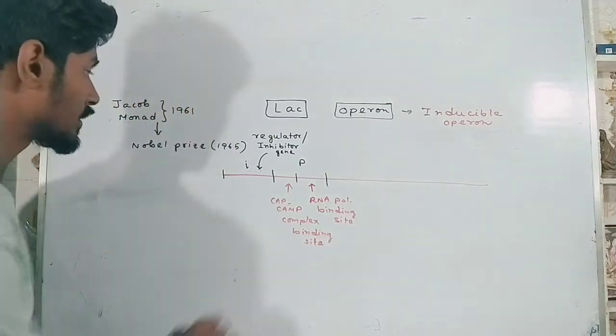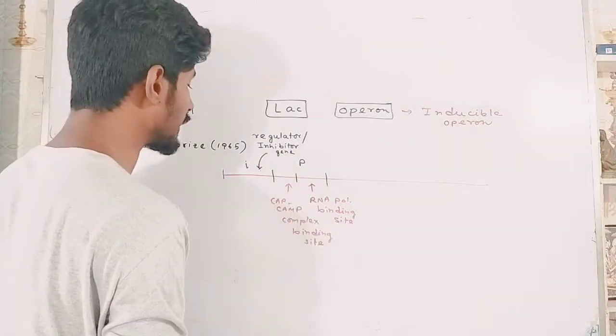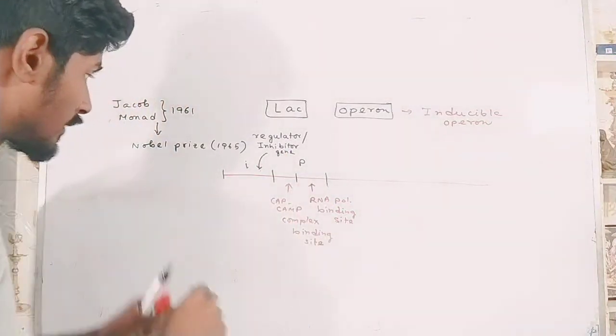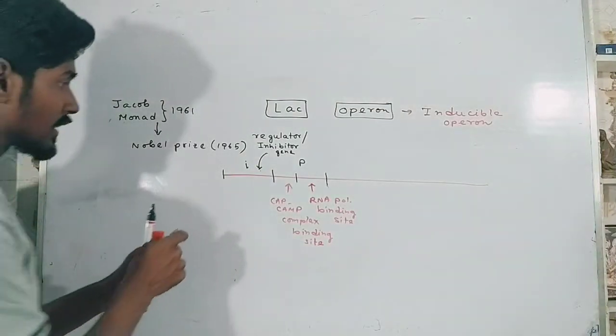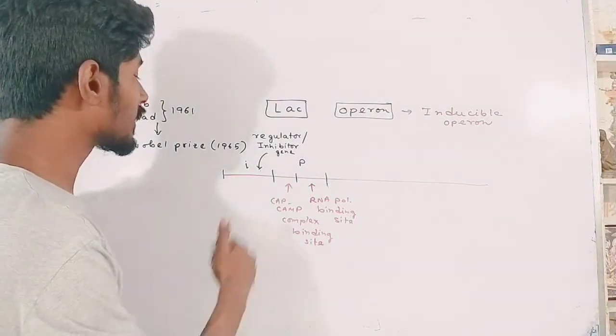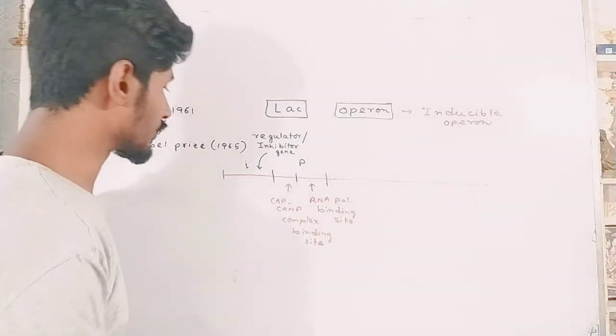This is the site where the CAP complex binds, and it induces a bend in the DNA, helping the RNA polymerase to transcribe the structural genes.